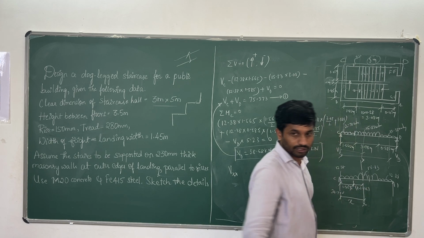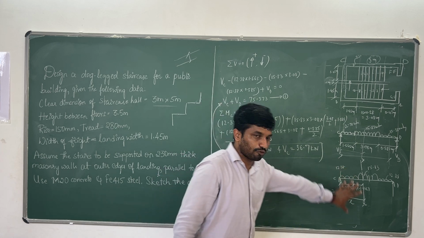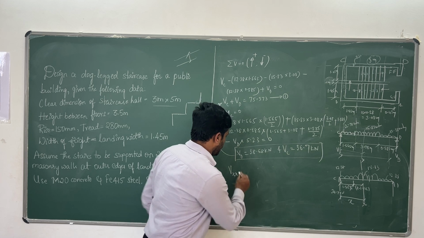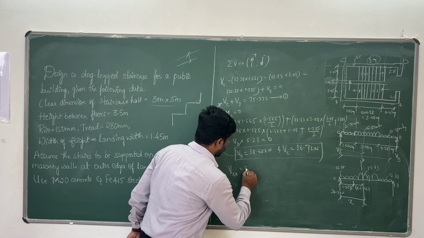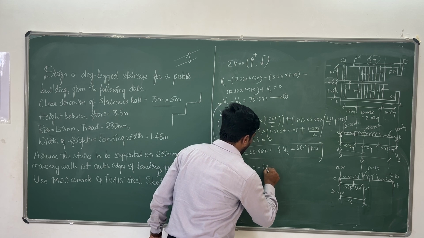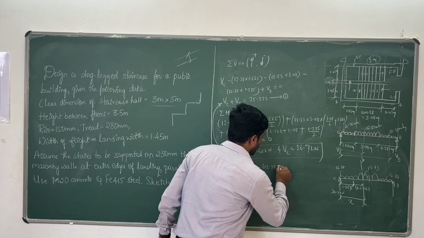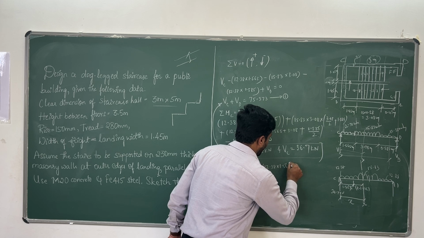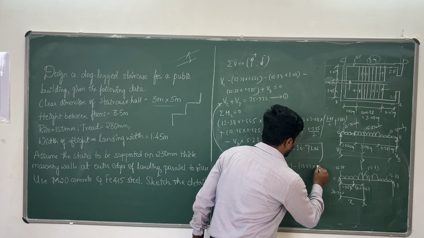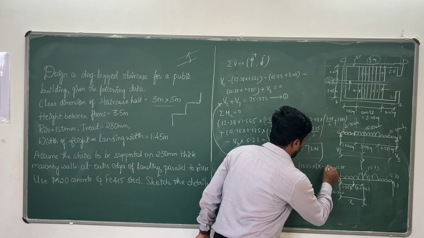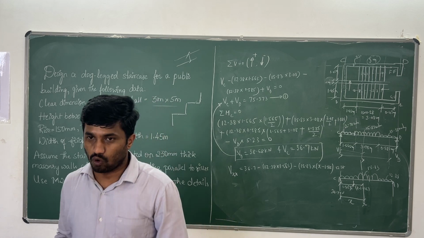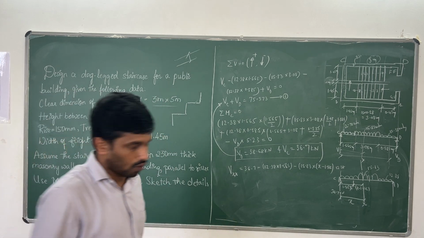This is very, very important. So now only shear force, load. For UDL, load into distance. So here Vxx is equal to only load 36.7 minus 12.38 multiplied by 1.565 minus 15.83 multiplied by x minus 1.565, which is equal to 0.